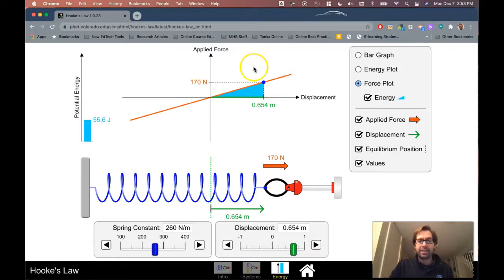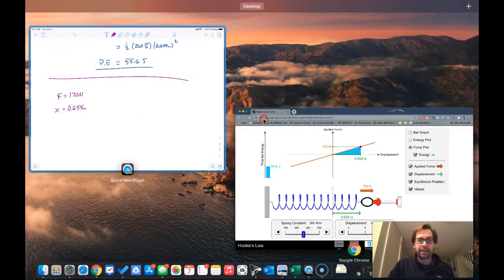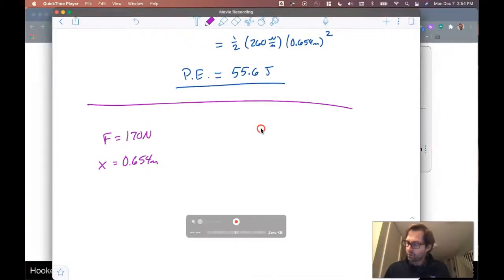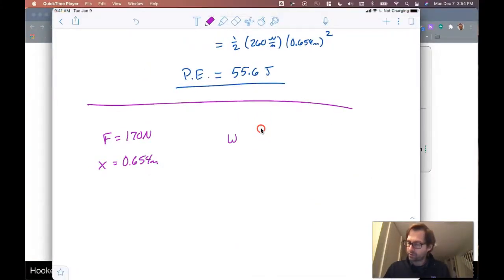And we could also do the same thing if we were just finding the area under the curve here. All right, so let me find that out as well. So if we know that our force is 170 newtons and our displacement, our x, is 0.654 meters, and if we're just finding the area of that, then I can go back and find the work done is equal to 1/2 times the force times the distance.